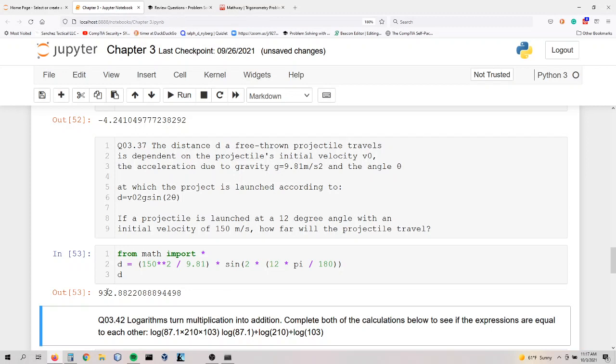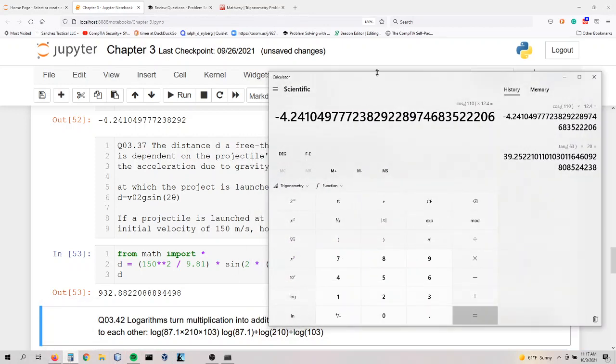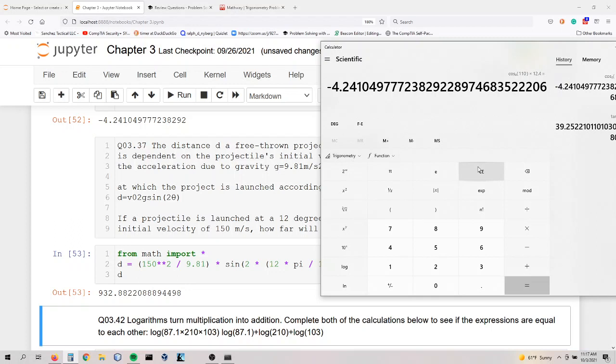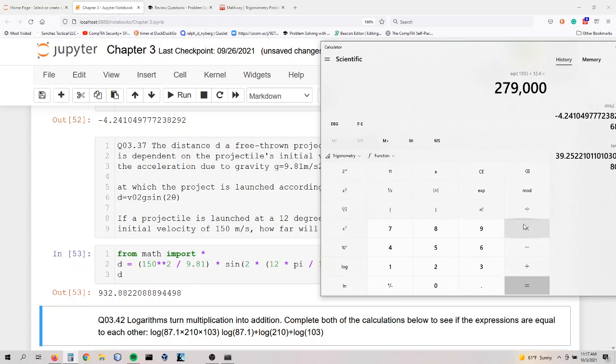So this projectile will travel 932 meters, I believe, right? Because we're calculating a distance at this point. Now we can get out the calculator and make sure everything's going according to plan. So let's go ahead and try it. 150 squared, and let me hit equals.